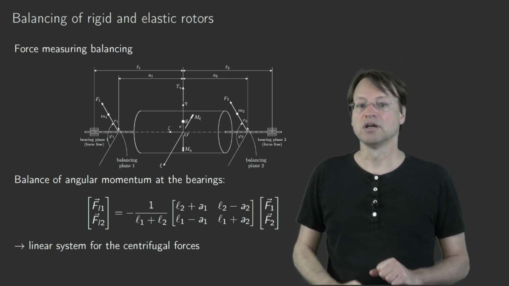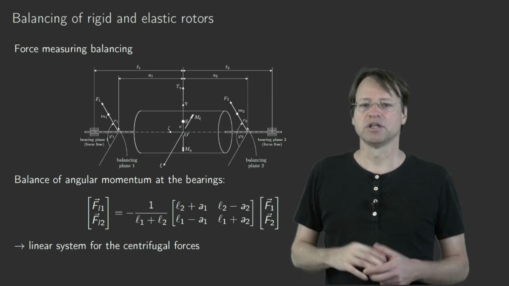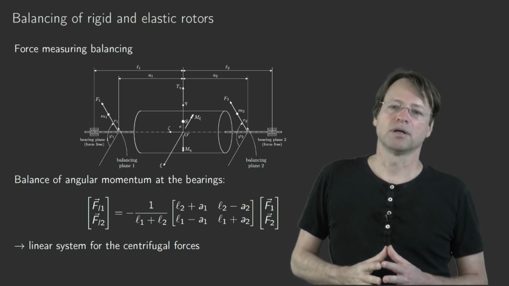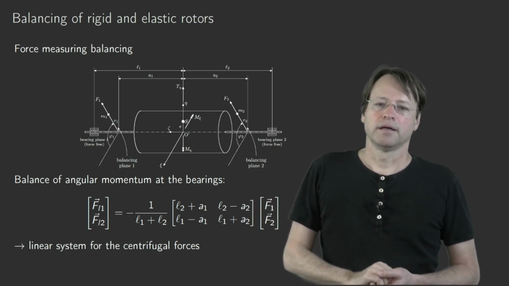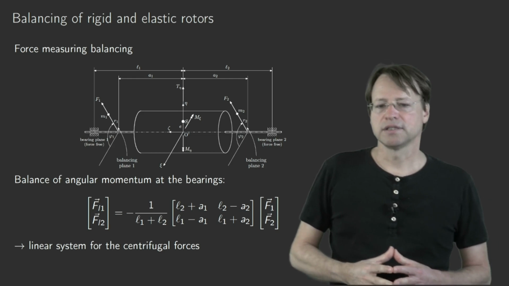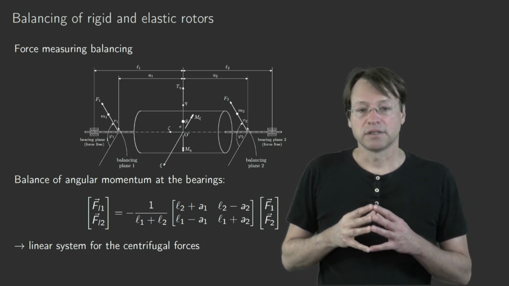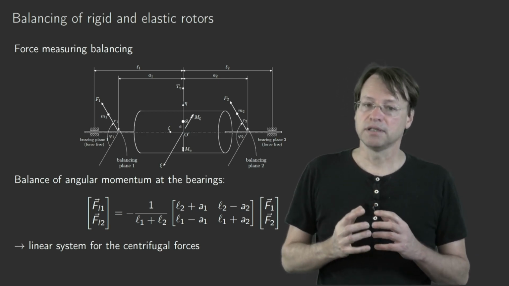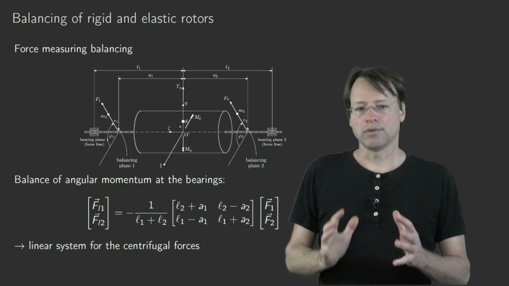We did not talk a lot about resonance here, just that we are in the subcritical range with respect to the critical speed to be able to have the force measuring balancing. Therefore, the flexibility of the bearings has to be dealt with care.